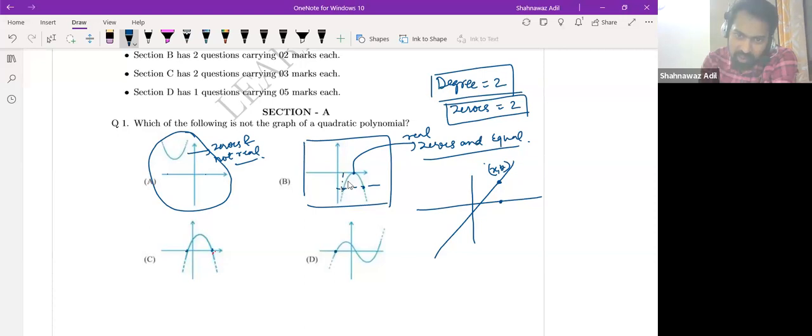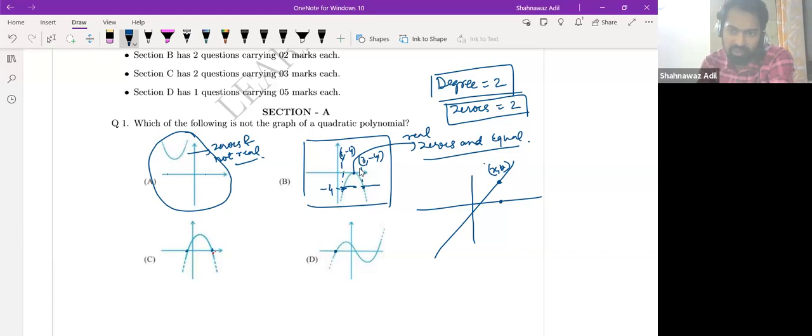Let's say this point is 1 and this point is 3, with y equal to minus 4. So you have (1, -4) and (3, -4). Same value of y for two different values of x, so that cannot be a linear equation.